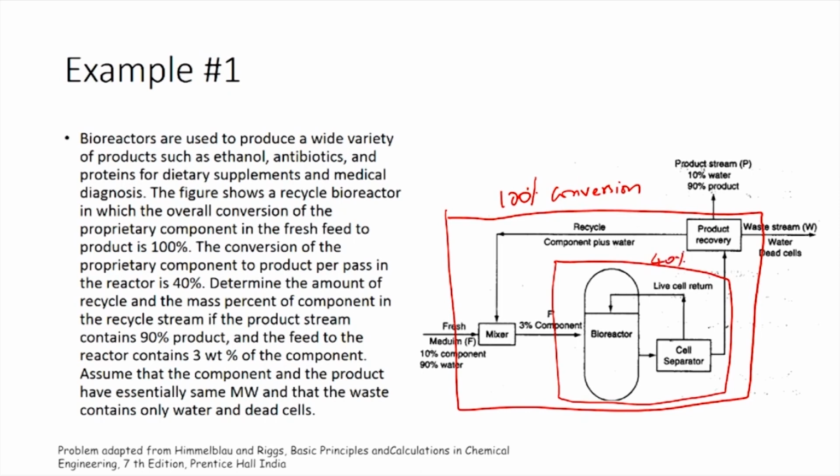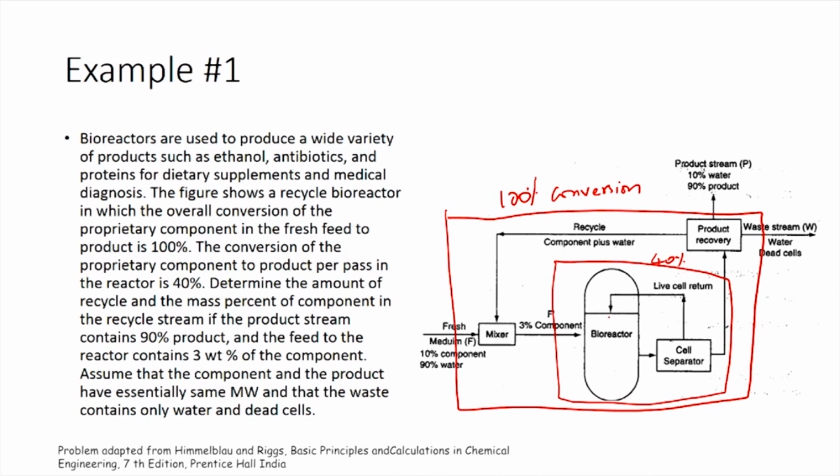So, we have these two pieces of information. In addition, we have been told that the product stream contains 90% product and you have 10% component. We also have 3% component in the feed which is entering the bioreactor, which is the gross feed. All this information has been represented in this flow sheet.